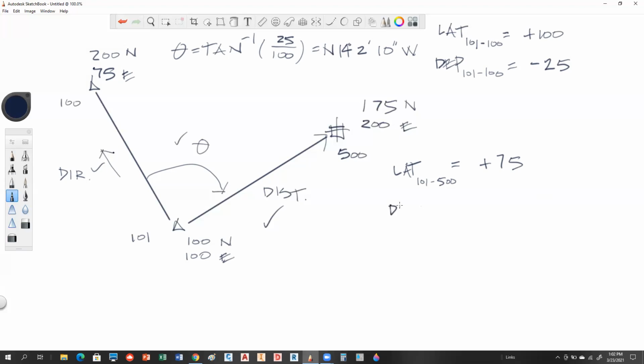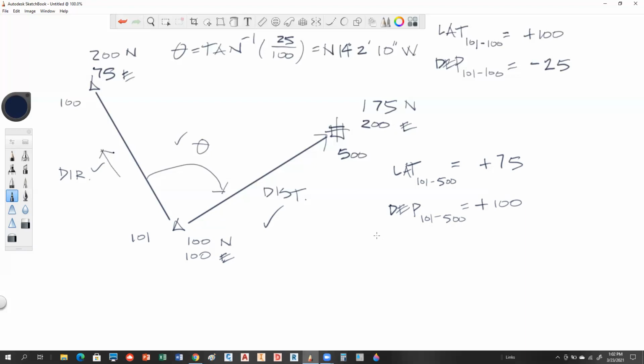The departure from 101 to 500 is going to be the easting of 500, which is 200, minus the easting of 101, which is 100. So that gives me a plus 100. So what does that tell me about my direction? That would be in the first quadrant. Right. In other words, northeast.